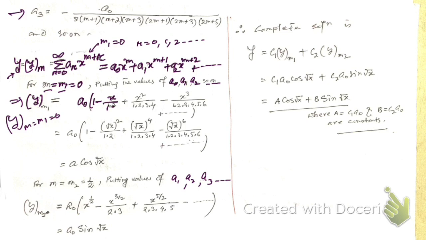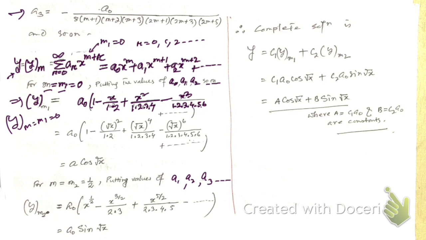into 2, then x square over 1 into 2 into 3 into 4, then next minus x cube over 1 into 2 into 3 into 4 into 5 into 6, right, and so on. That's how we can proceed, right?